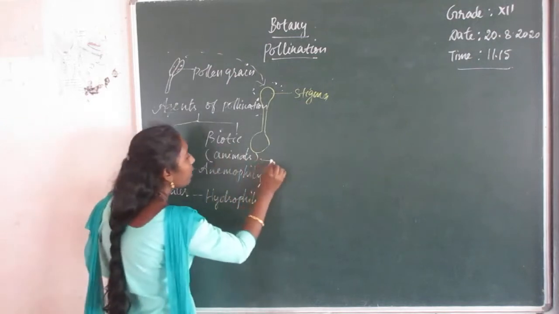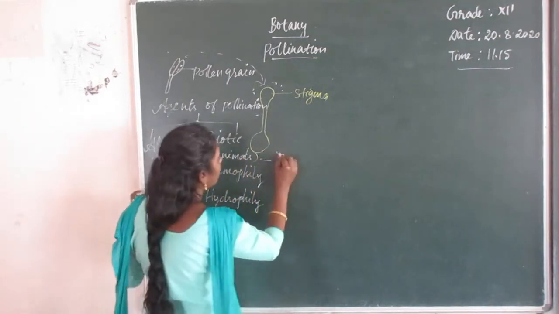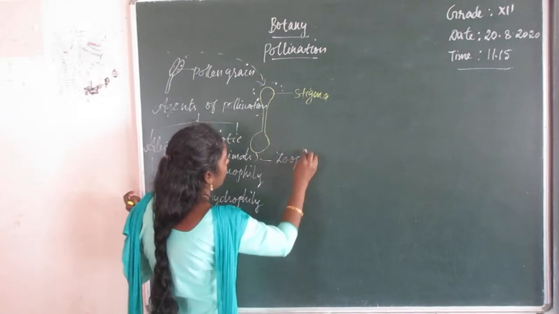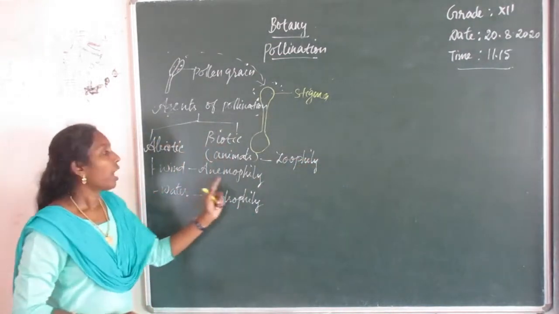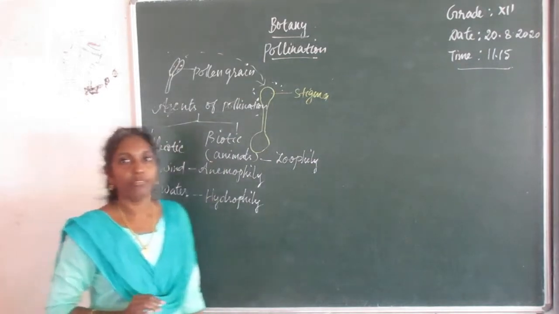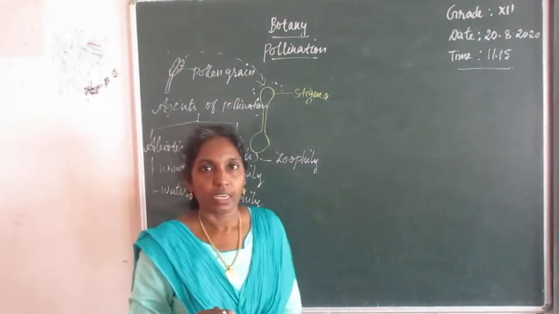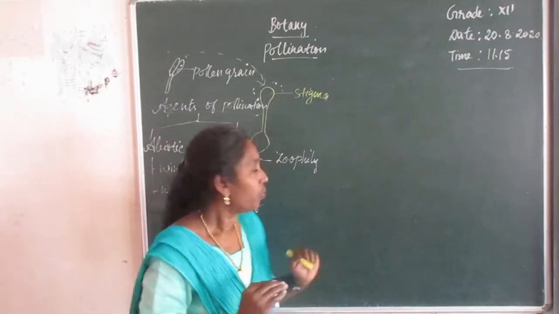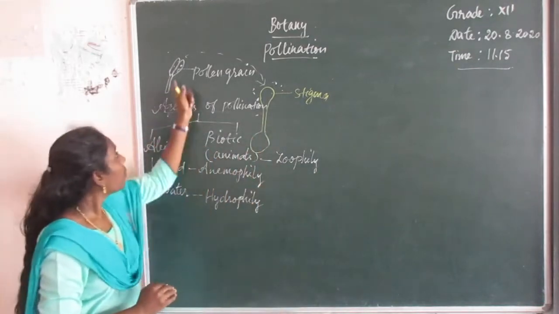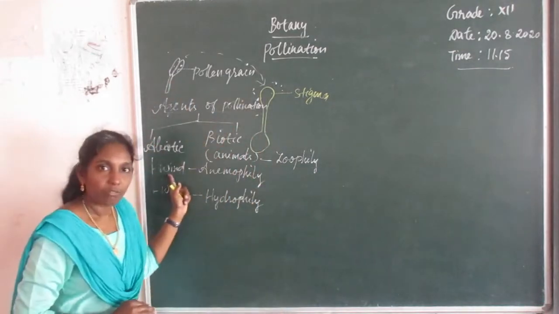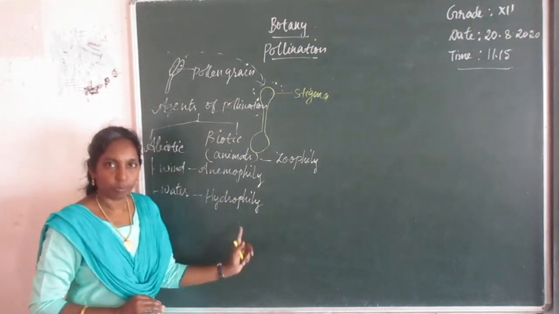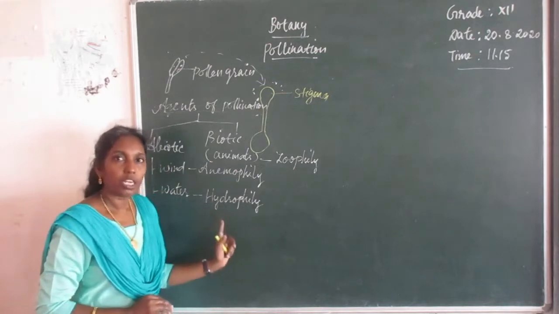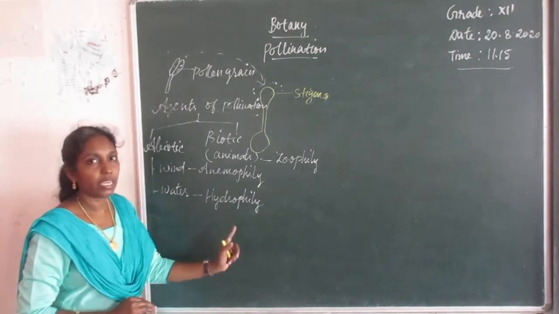And the animal pollinated flowers are termed zoophily. Let us see one by one. Define anemophilous: anemophilous flowers are the flowers which carry out pollination by wind. Define hydrophily: hydrophily is the process by which pollination is carried out by water.